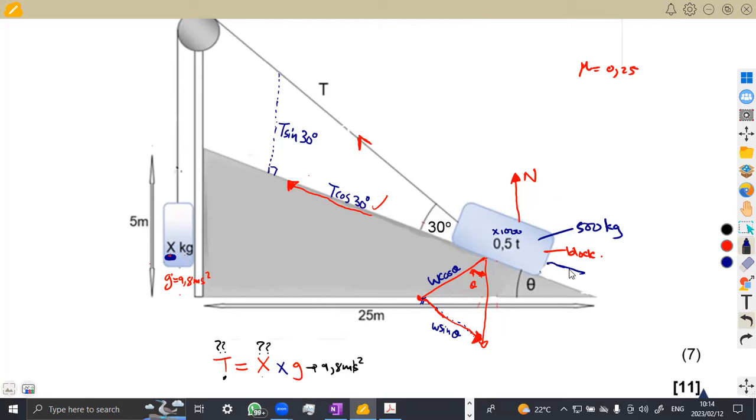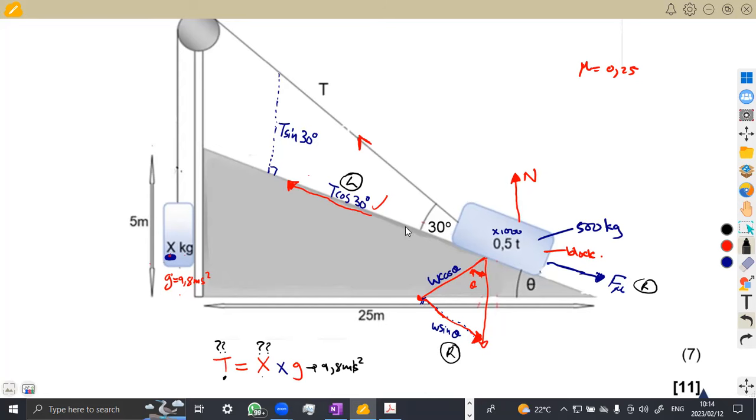And we know, guys, everything which opposes the movement is the friction. So here we shall have our friction force, which is now going to the right. We also have the W sine theta, which is also going to the right. But to the left, we have got T cos 30.